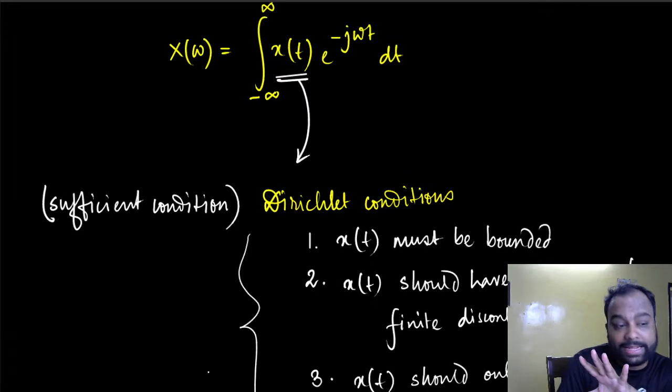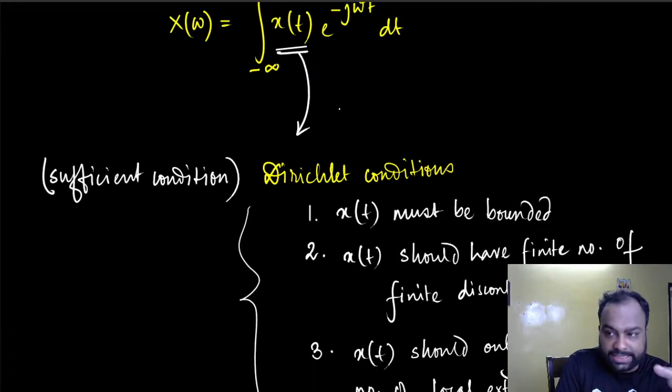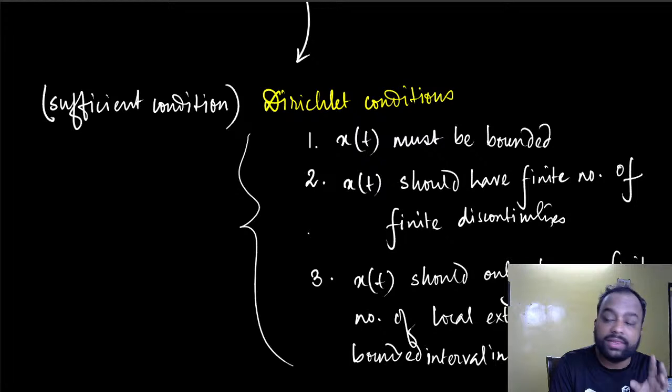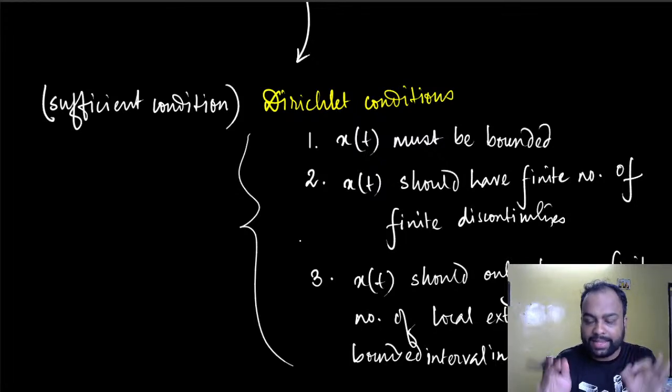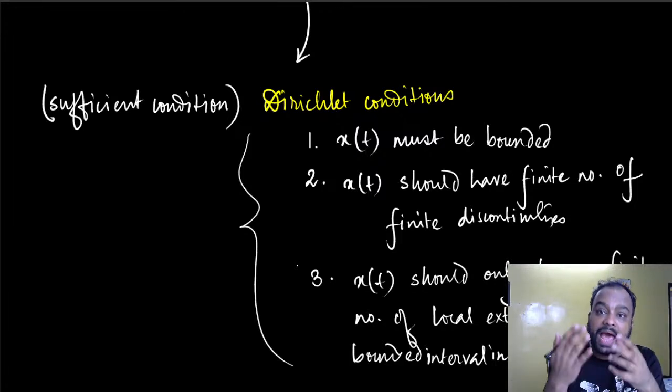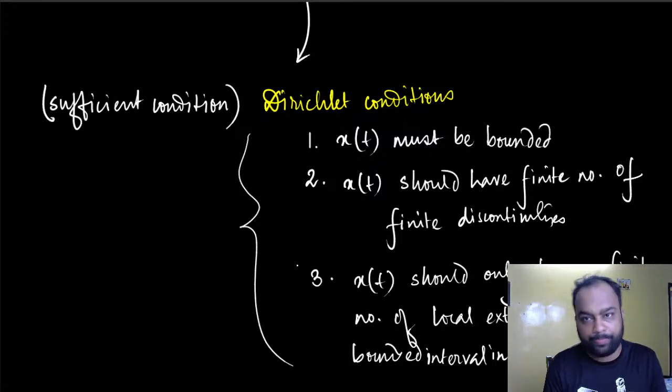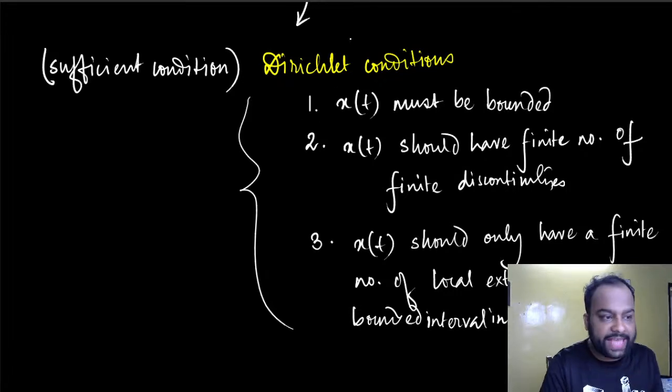If a signal satisfies all three conditions, then it is guaranteed to have a Fourier transform representation. The signal is definitely representable as a sum of sinusoids. So if these conditions are satisfied, then a Fourier transform is guaranteed.